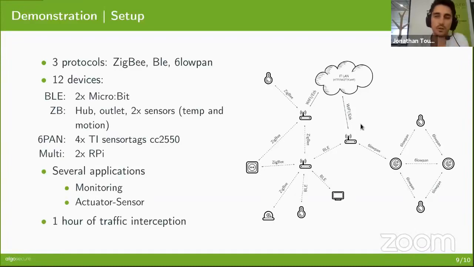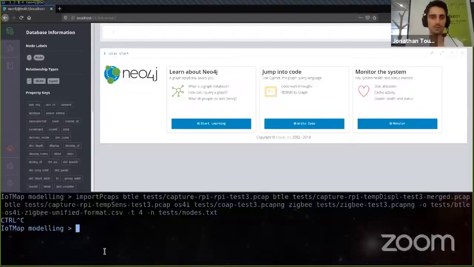We deploy 12 different devices with different specificities. And we develop several applications such as monitoring applications or actuator-sensor applications. For the demo, I intercepted 1 hour of traffic to make the demonstration more realistic. So let's go to the demonstration.